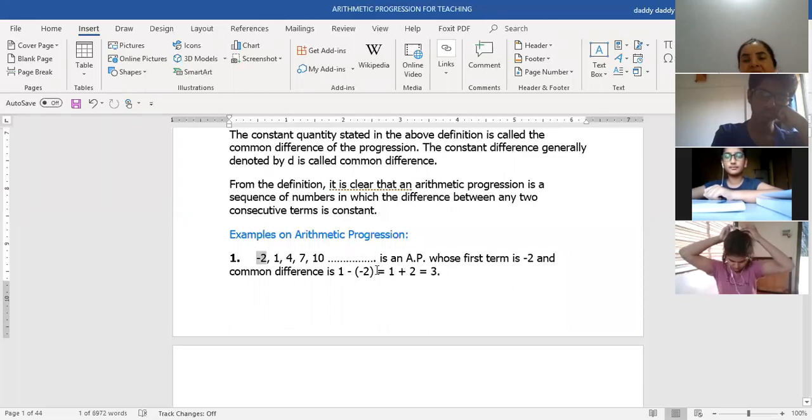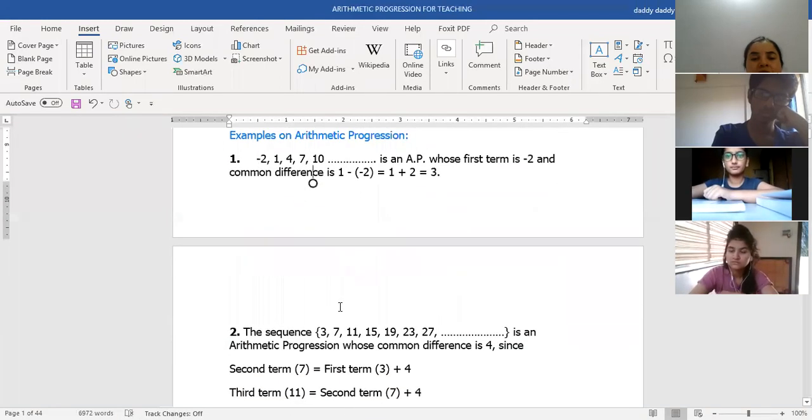Now let's take any other term and subtract the preceding term from that term. So let's choose 7, and then we will subtract the preceding term. So 7 minus 4, again it is 3. Let's choose another term, that is the fifth term, which is 10, and subtract the preceding term, that is the fourth term.